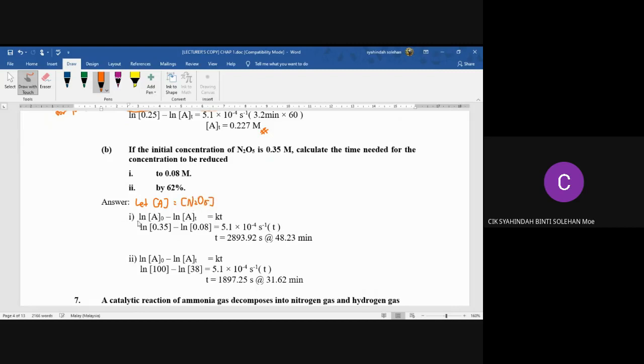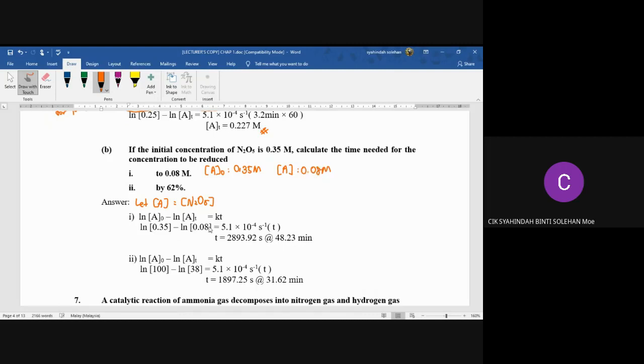So you boleh guna terus this general equation integrated rate law for first order reaction, okay? Di mana kat sini yang nombor 1 ni concentration initial ialah 0.35 molar, okay? And then concentration yang final ialah 0.08 molar.